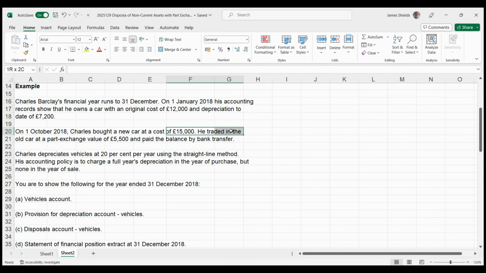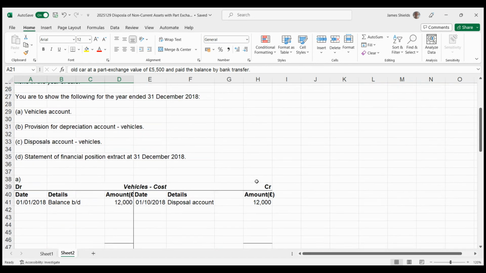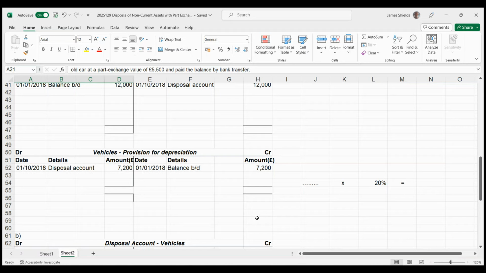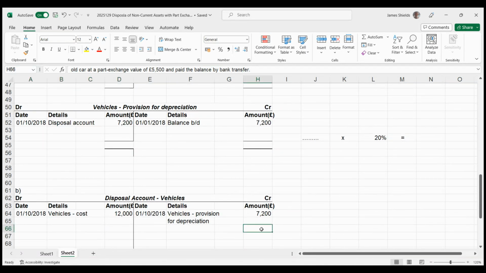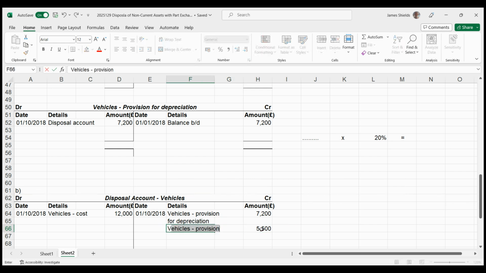So he traded in the old car at a part exchange value of £5,500. That's like the proceeds. So go down to the disposal account. £5,500 is the allowance he was given on his old car. And that's going to be used to purchase a new vehicle, so that's going to be transferred now to the vehicles cost account.